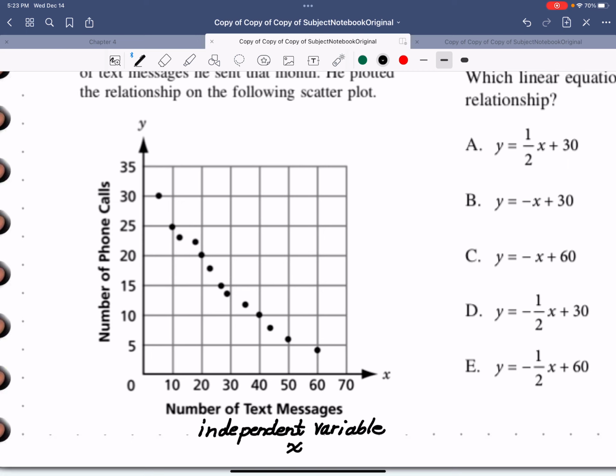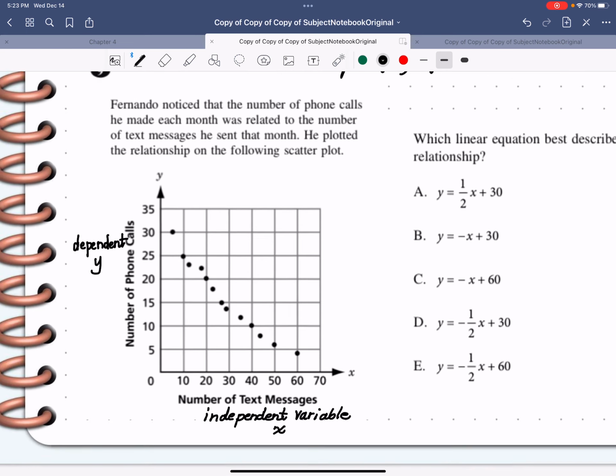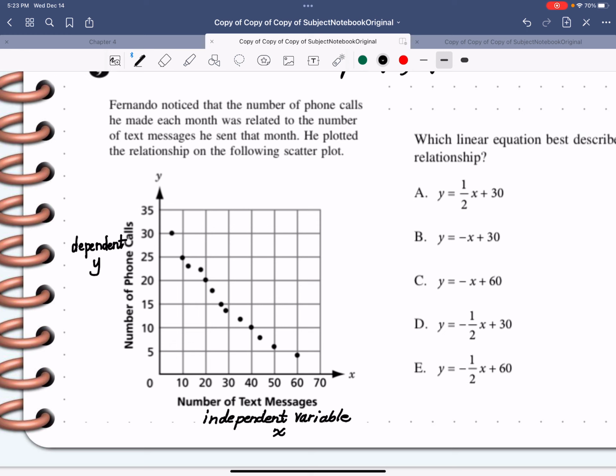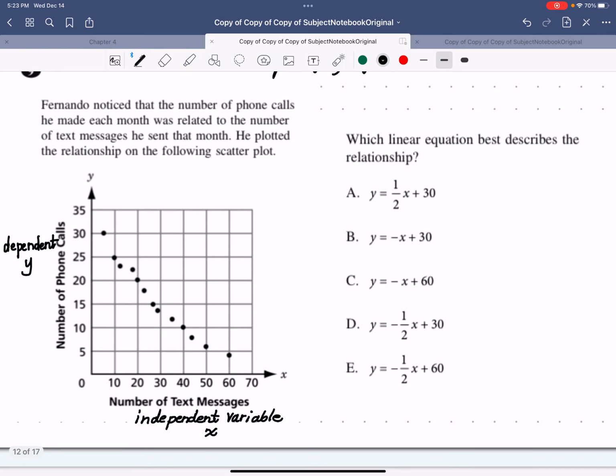And then the dependent variable is the number of phone calls. This is going to be your y variable. And we're looking at how the two are related. This is where the function comes in. Which linear equation best describes the relationship?